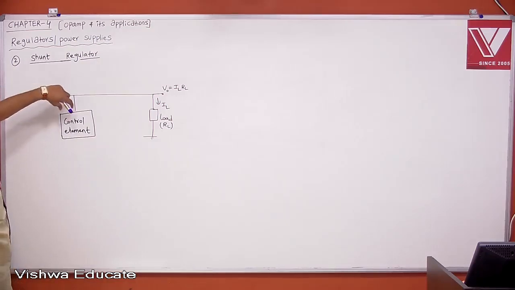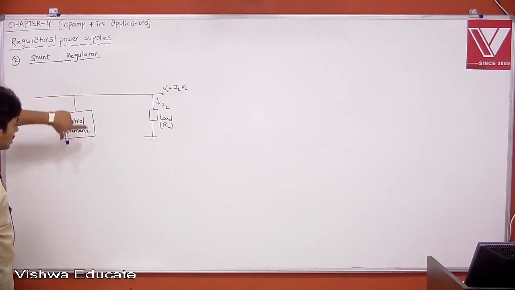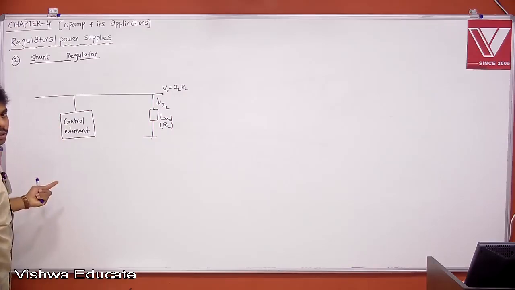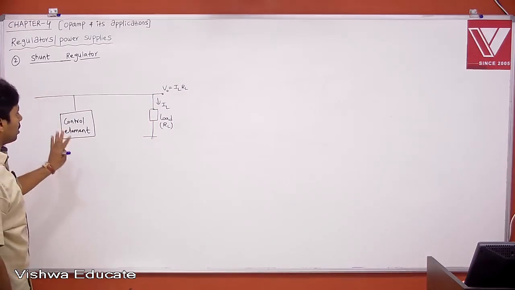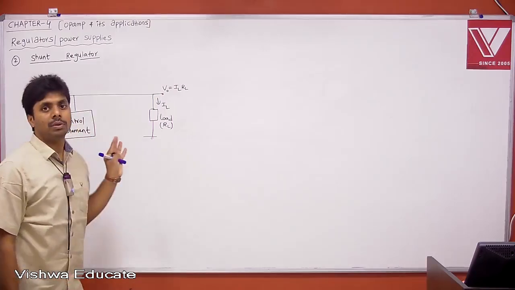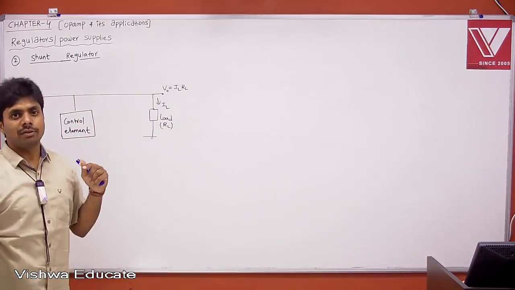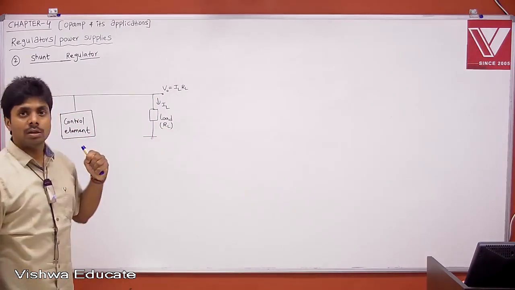Earlier people used to use Zener diode as control element, but now I am using op amp. Okay, but the Zener diode part I will explain, which is nothing but shunt regulator, because Zener diode is in shunt to your output to input, but that part I will explain from chapter 5, diode circuits.